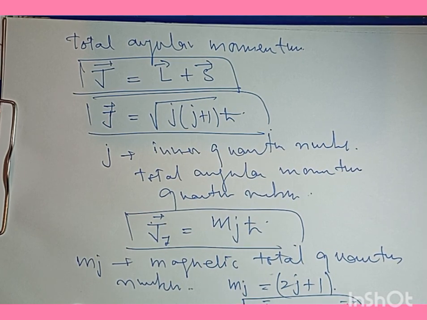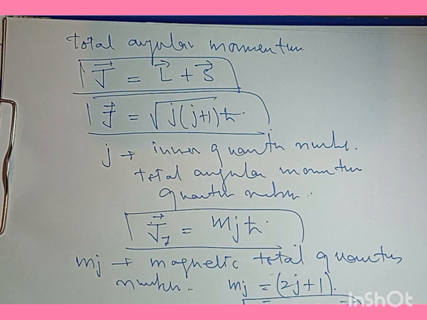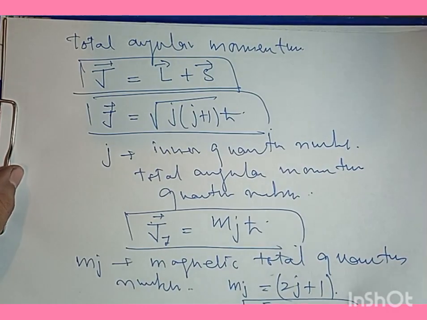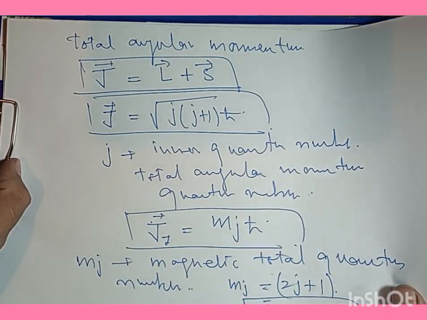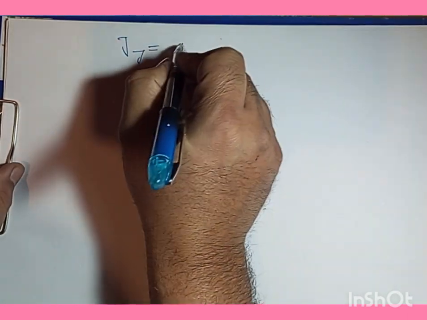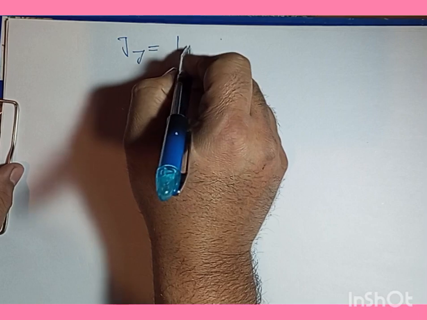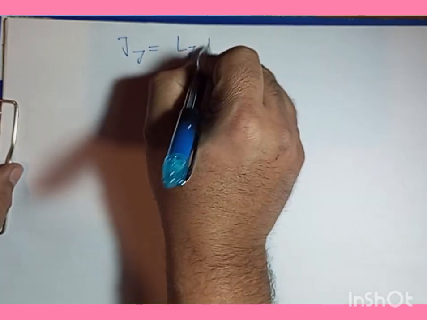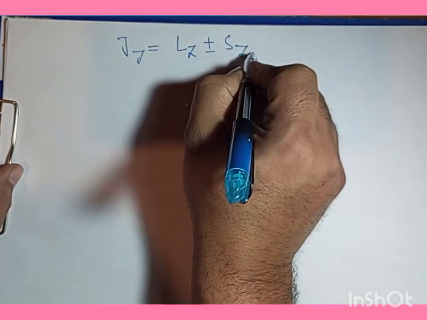If we start from the left, every time we have to add a unit to reach plus j. And we can have the z component of this total angular momentum. We can write this jz as the sum of lz plus minus sz.